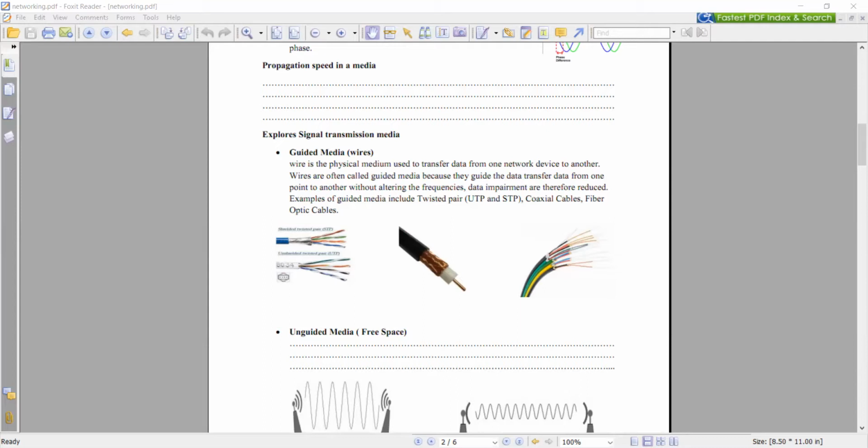Examples of wireless communication include radio transmissions, satellite transmissions, and infrared.